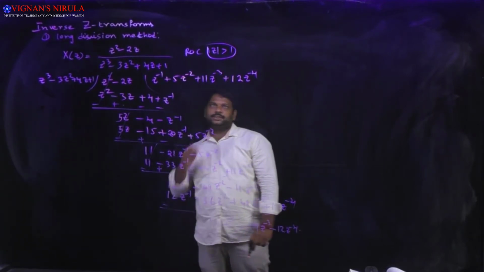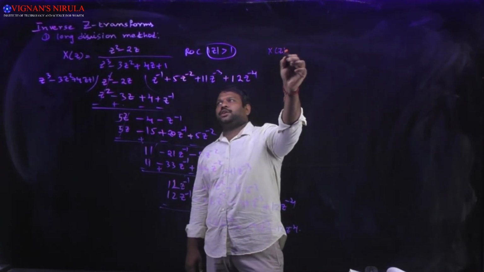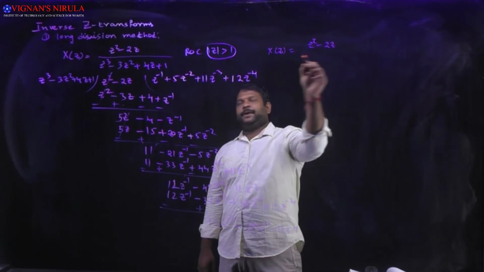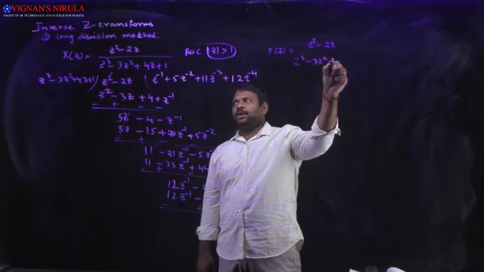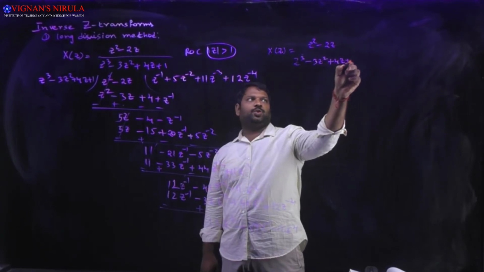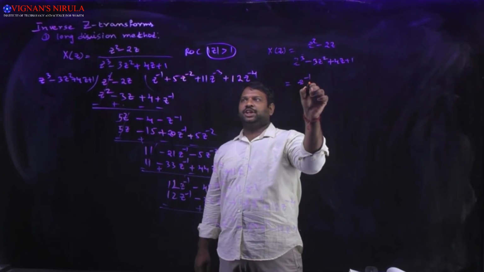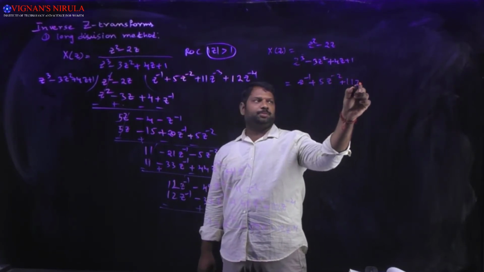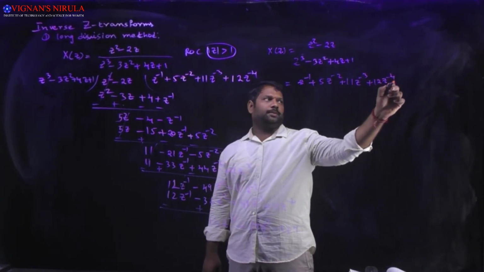This is the series. Therefore, this X of z will be written as, the given X of z, z square minus 2z by z cube minus 3z square plus 4z plus 1, will be written as our first the coefficients, that is z inverse plus 5z power minus 2 plus 11z power minus 3 plus 12z power minus 4 plus and so on.